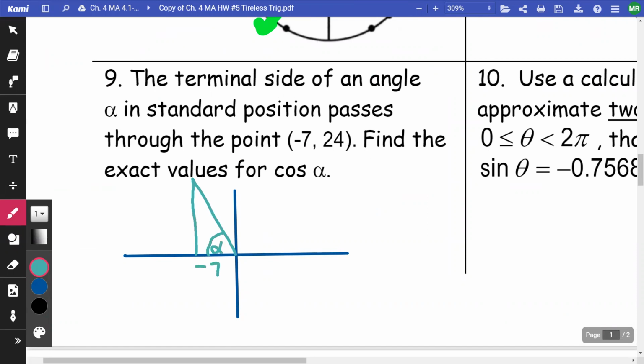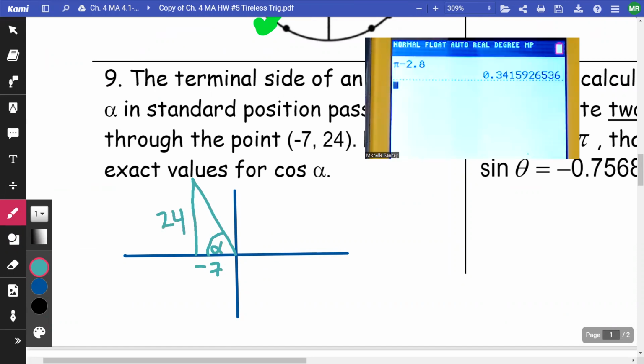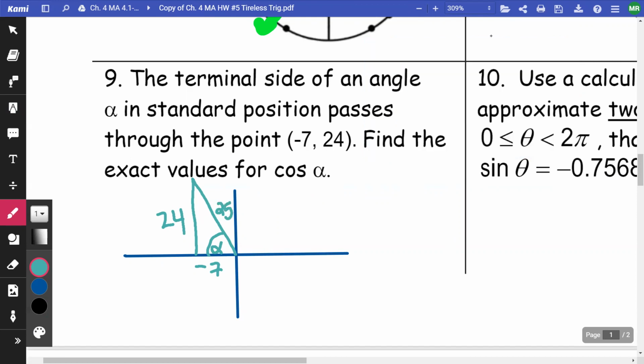I know that this is negative 7 and this is 24. So I am going to do Pythagorean to figure out the hypotenuse. So negative 7 squared, which is 49, plus 24 squared, which I know is 576, gives 625. And the square root of 625 is 25. So for the cosine of my angle, I have adjacent, which is negative 7, over hypotenuse, which is 25.